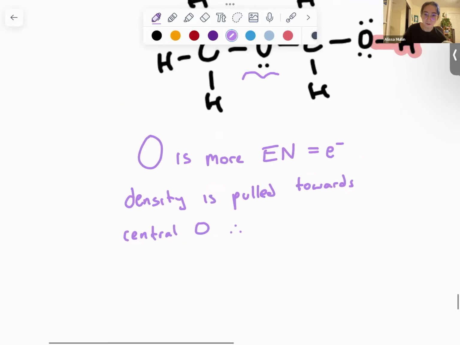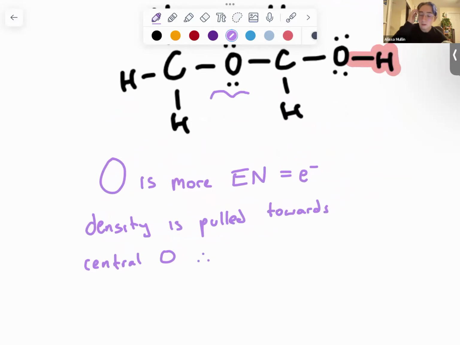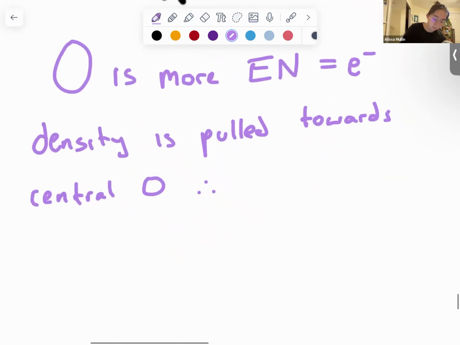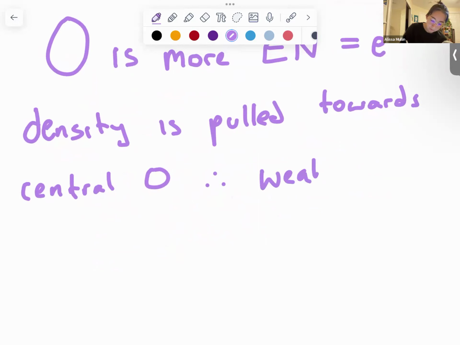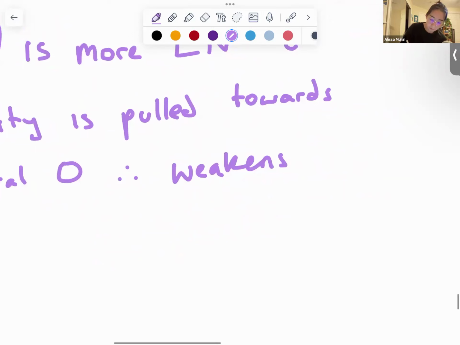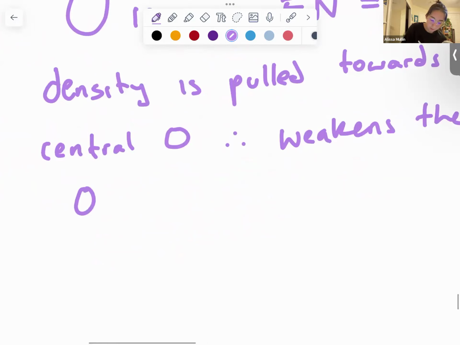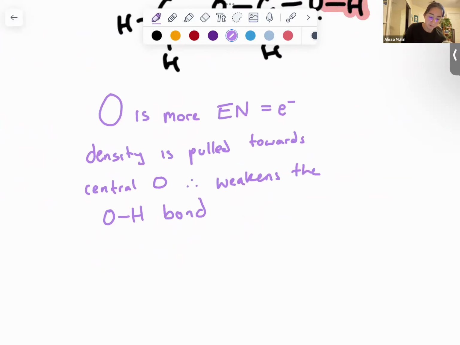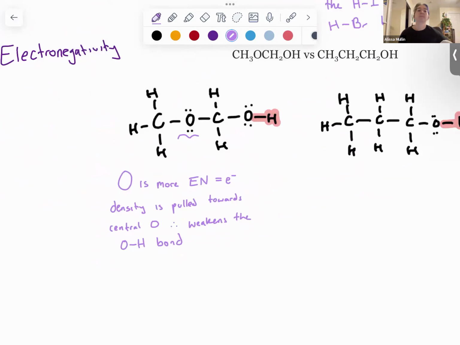And if we're pulling that electron density away from other bonds, away from other parts of the molecule, that is going to render those bonds weaker. So more electronegativity in your structure is going to increase your acidity, because it'll generally weaken those bonds.